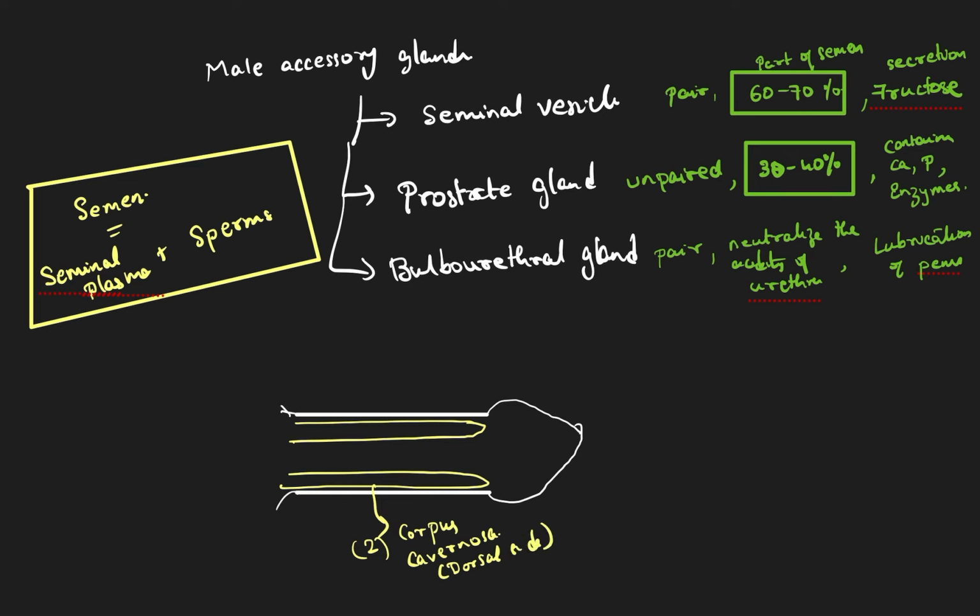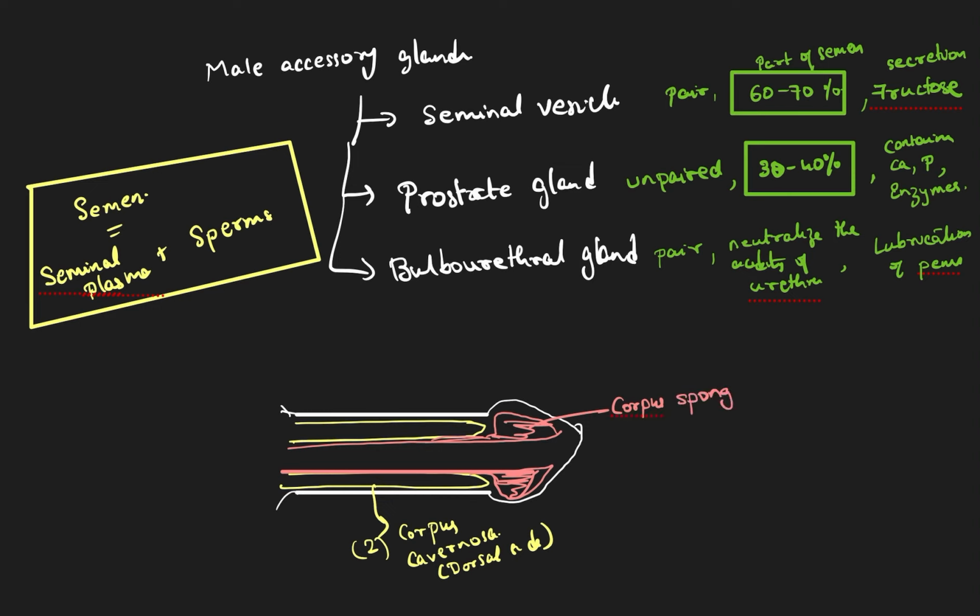And then on the ventral side it has one corpus spongiosum. Corpus spongiosum is one in number, so this is how it looks.